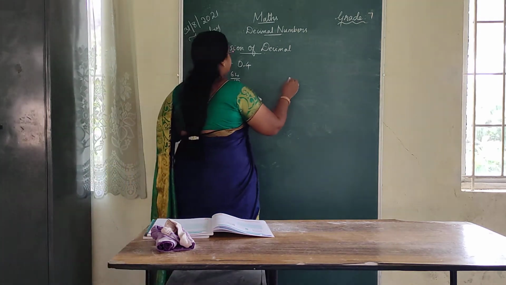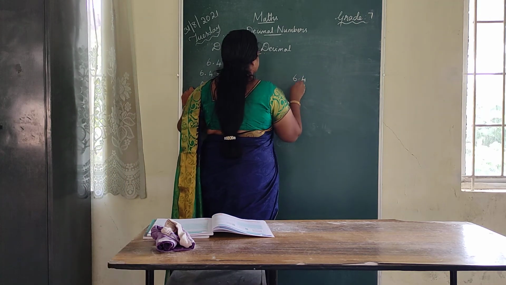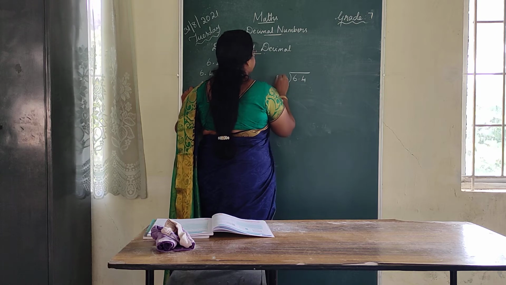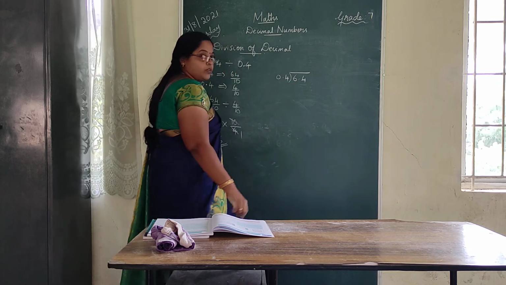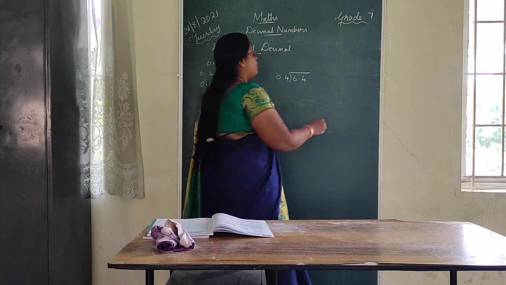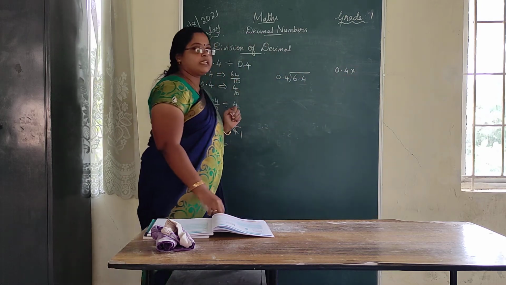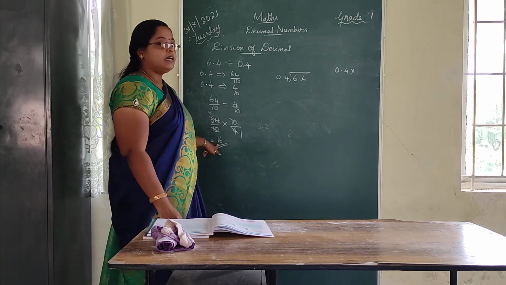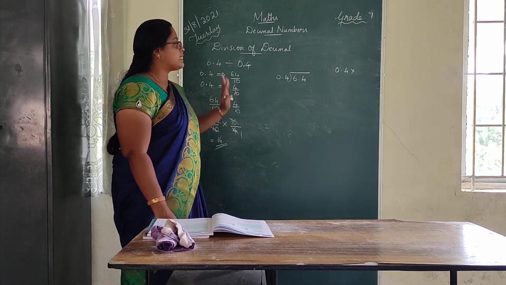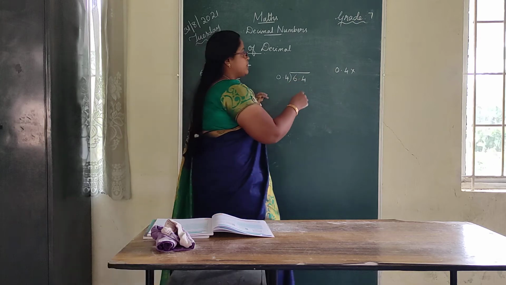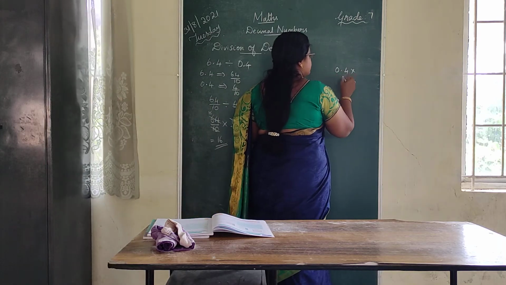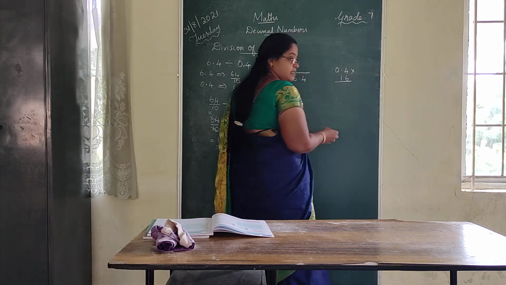Okay. How can we divide by using this? 6.4 divided by 0.4. Okay, so you should check 0.4 into which number it will come 6.4. You should imagine 16 and multiply 16.